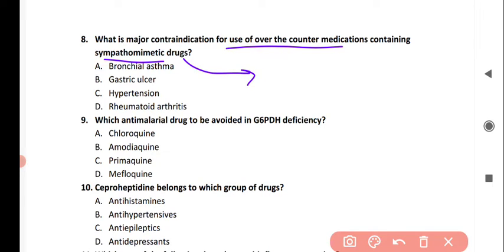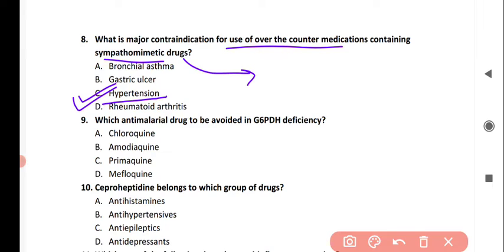They basically mimic or stimulate the adrenergic nervous system, and they can raise the blood pressure levels. So in case of hypertension, blood pressure levels are raised to a certain limit that could be dangerous to a person. So it should be contraindicated in case of hypertension. So option C is correct.